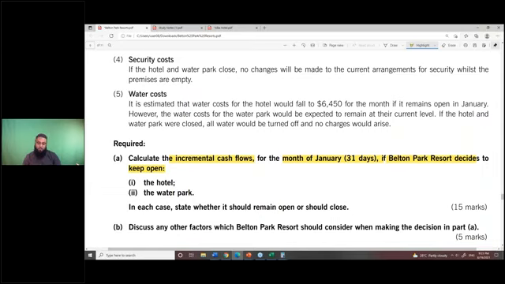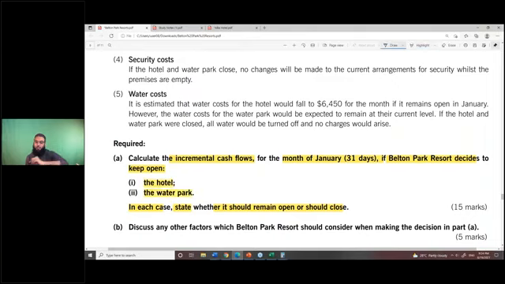So for this decision making, consider relevant cash flows, incremental cash flows. In each case, state whether it should remain open or close, for the hotel and for the water park.